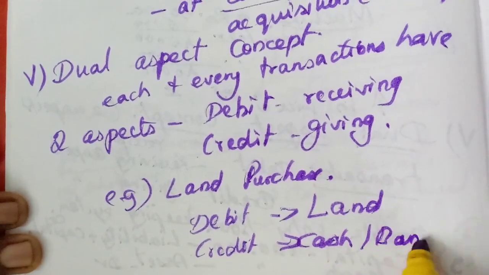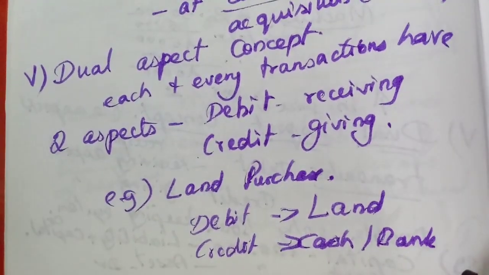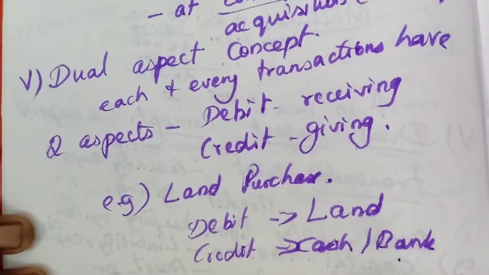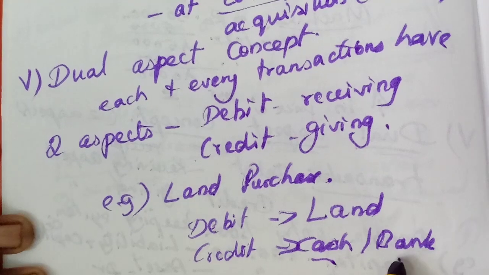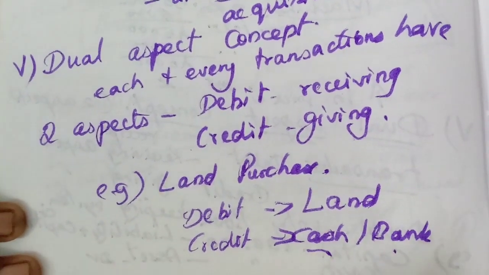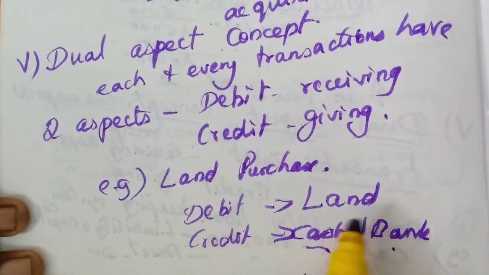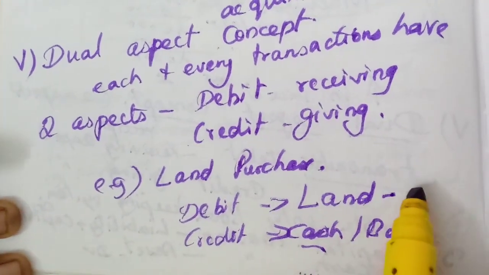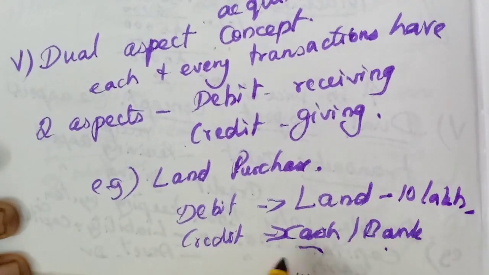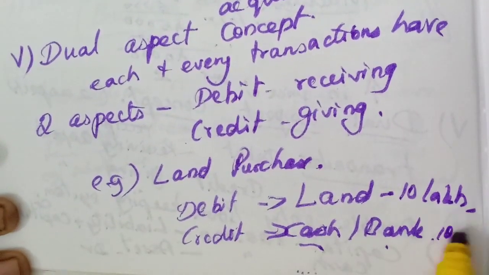If we pay by cheque, that amount will be withdrawn from the bank. So either cash will be paid or the bank will pay. So we will credit either cash or bank. So here you see, if the land's value is 10 lakh, the cash also will come as 10 lakh.